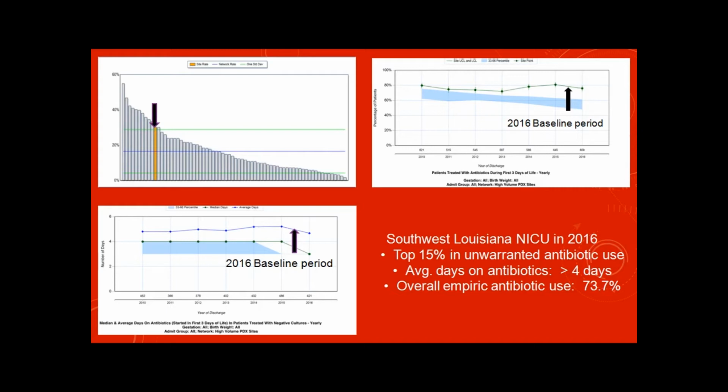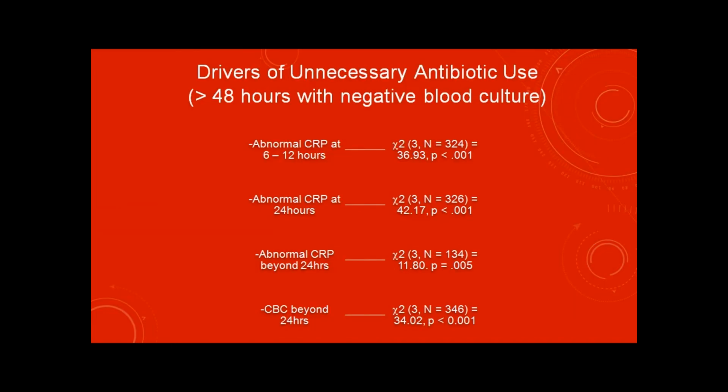And so I had an idea that I'm going to collect this baseline data in 2016, and I wanted to see if there was a relationship between abnormal ancillary lab tests, CBC and CRP with negative cultures, and if that affected our antibiotic use greater than that rule-out period. And so our hypothesis basically came to fruition.